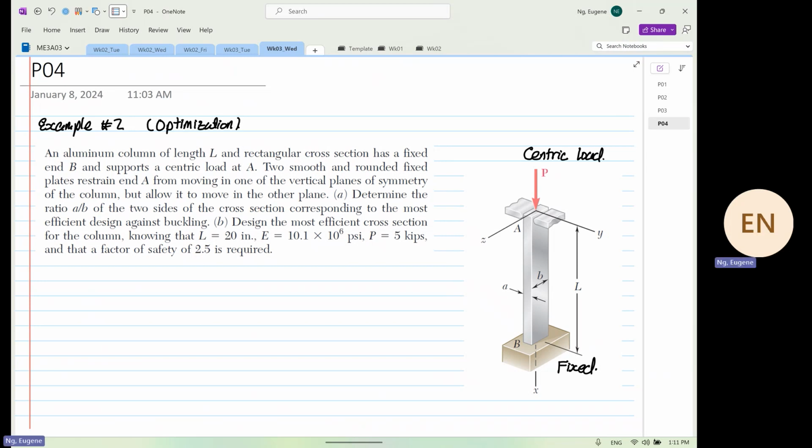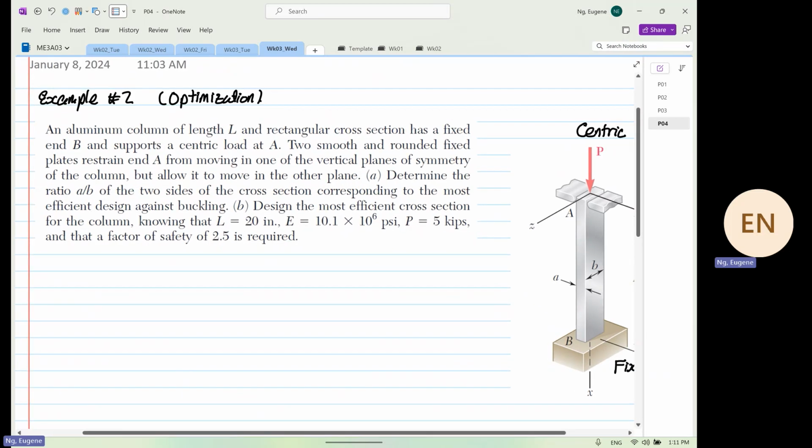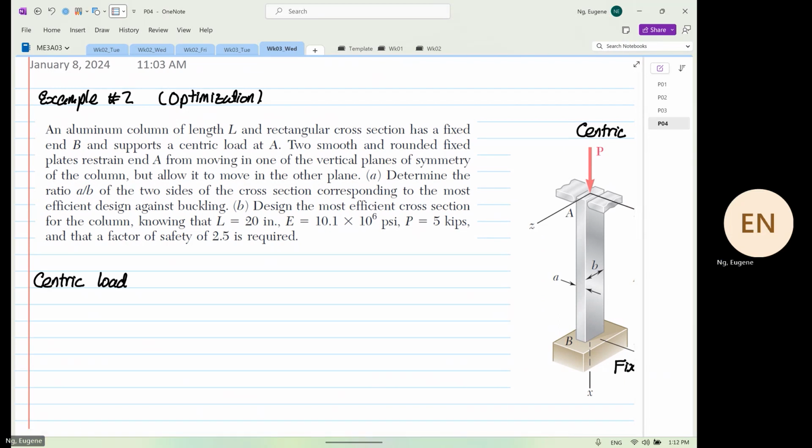When it's a centric load, we can basically use P is equal to pi squared EI over L squared, or LE squared.